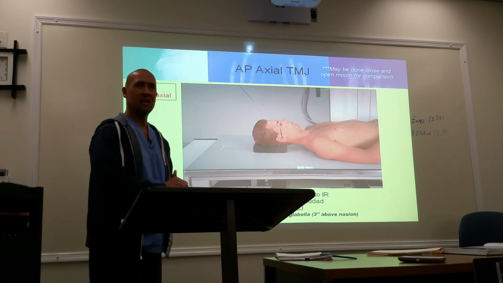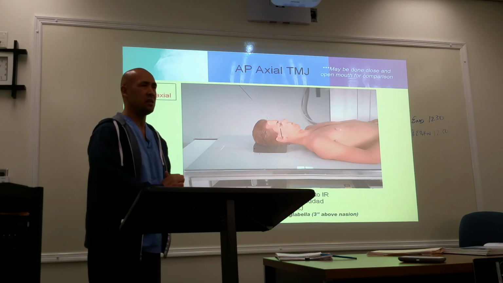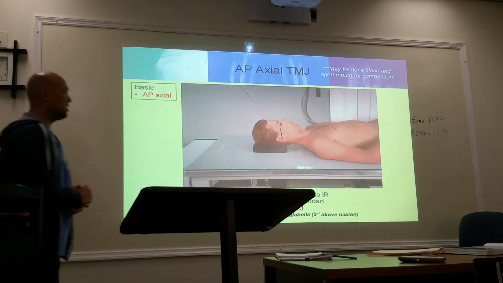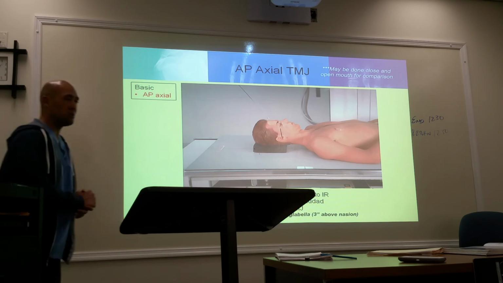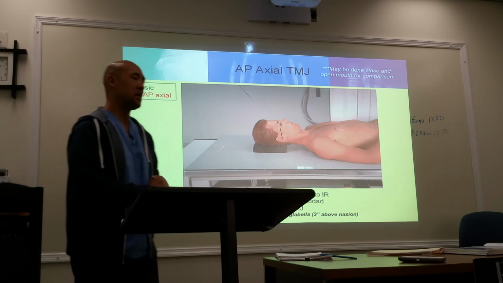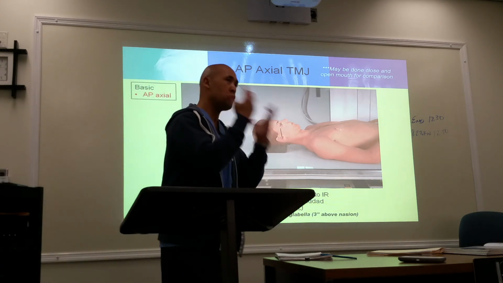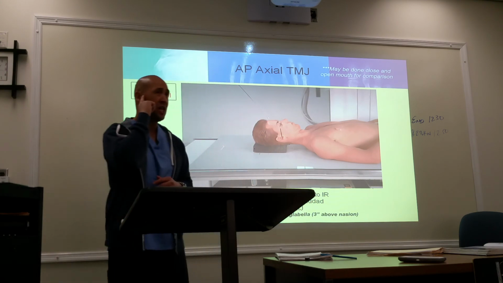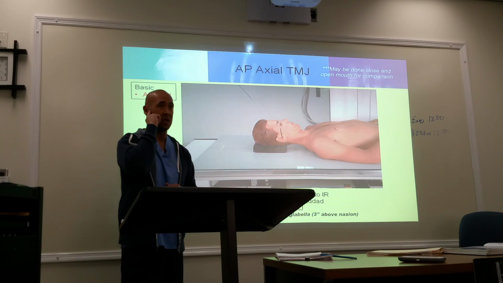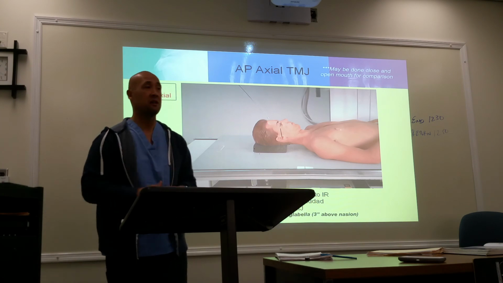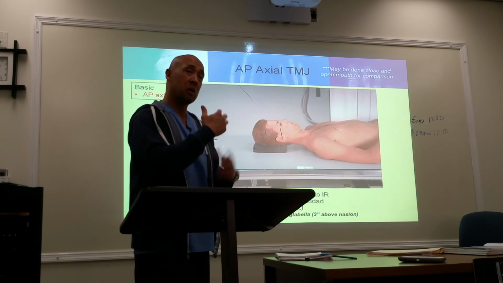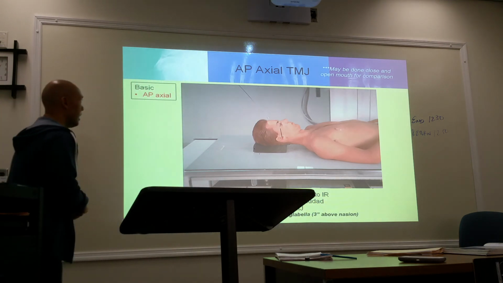Has anybody done or observed a TMJ yet at their facility? These are done open mouth and also closed mouth for comparison, because when you open up your mouth, your jaw, you can feel your TMJ moving down anteriorly out of the fossa of the temporal bone. So it does move. So again, we do it for comparison.